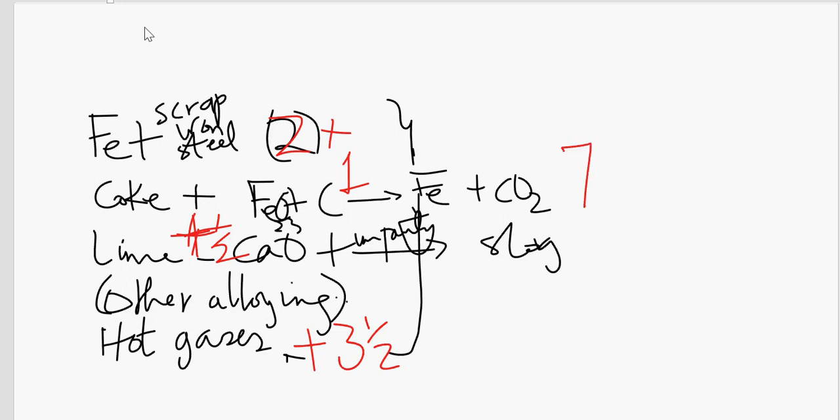So it means you need 7 tons of ingredient to produce 1 ton of much purified iron. Are we together? 7 tons means 2 plus 1 plus half plus 3.5 to give you equal to what? 7. Are we following, please?